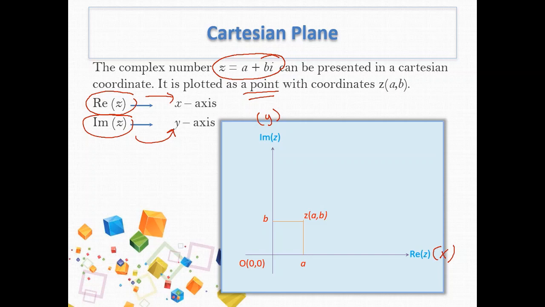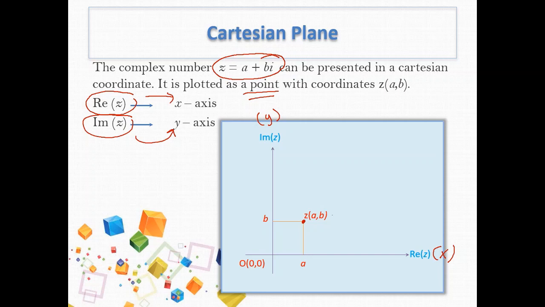When you plot a and b, you will get a point on the Cartesian plane, which we write as Z(a, b). So when you see Z(a, b), you know that the point is a complex number, with a for the x-axis and b for the y-axis, which is the imaginary part.